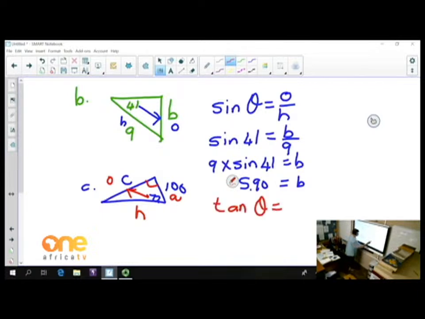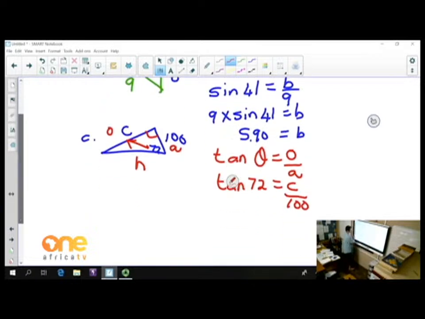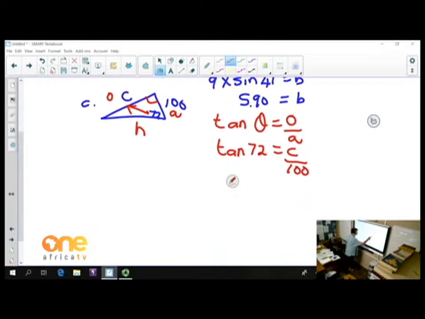Tan theta is opposite over adjacent. So I'm going to say that tan 72 is equal to, this one is the opposite now, C, over the adjacent, 100. Which method? Top times.